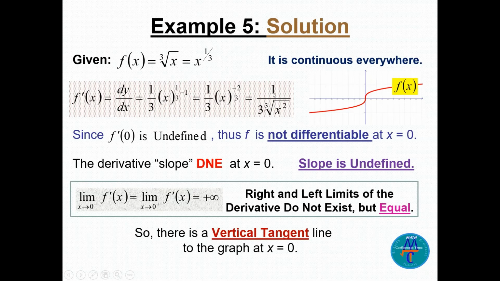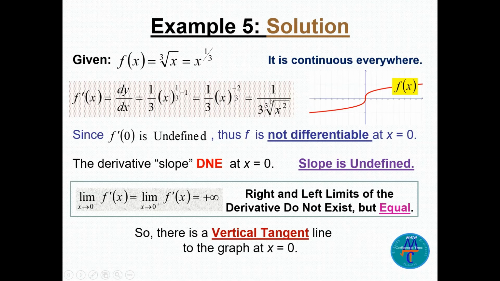So now the final derivative becomes 1/3 cube root of x squared, in the denominator. Now if you replace x by 0, 1/0 is undefined. So for sure the function is not differentiable at 0. But let's see, is this a sharp corner? No. The derivative or the slope does not exist. Now let's find the limit of f prime here.